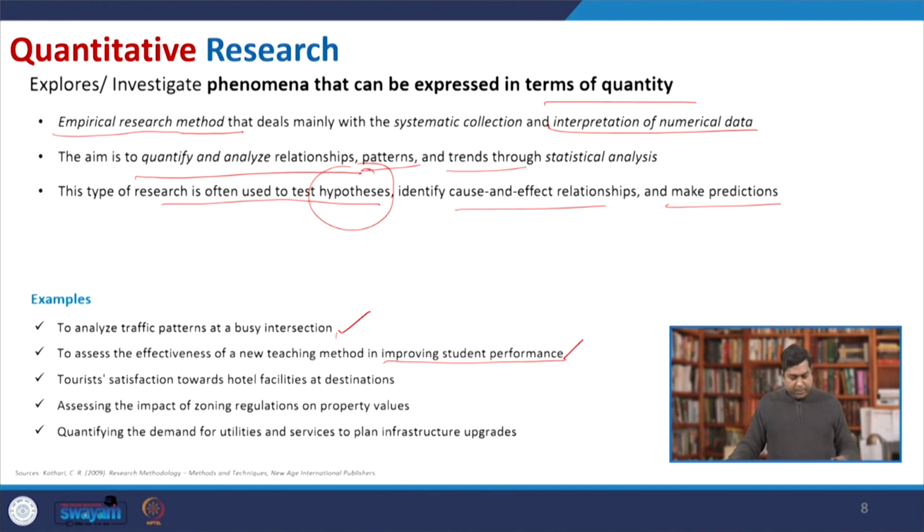Now the other example, like tourist satisfaction towards hotel facilities at a destination. Many times, when we do tourism research, we try to understand the tourist perspective, how satisfied they are with the facilities at the destination.